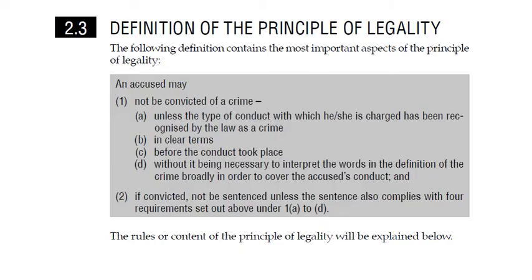An accused may not be convicted of a crime without it being necessary to interpret the words in the definition of the crime broadly in order to cover the accused's conduct, and if convicted, not be sentenced unless the sentence also complies with the four requirements set out above.